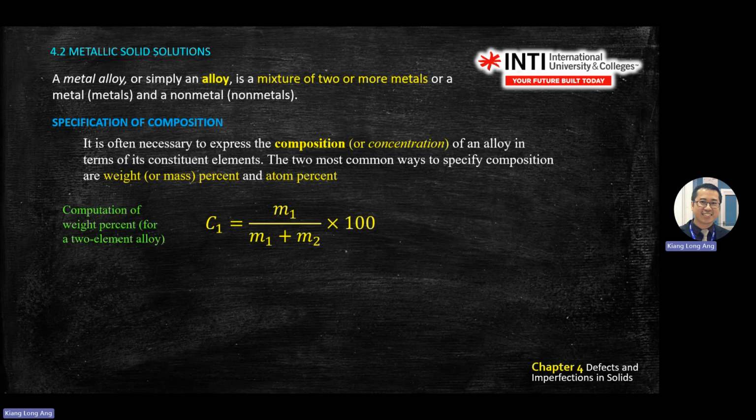So C1, concentration 1, is in WT percent. If you mix element 1 and element 2 together, you want to find what is the C1 component inside the alloy. So you use the ratio M1 plus M2, you take M1 over that, times 100%.